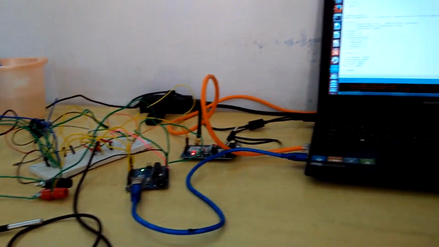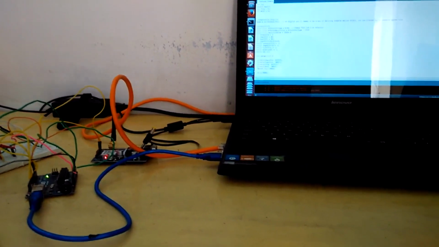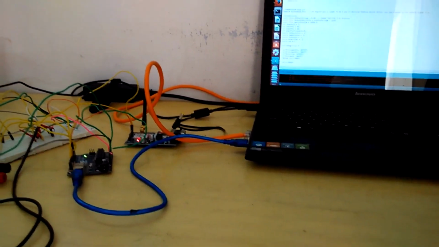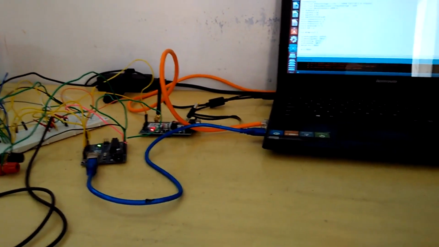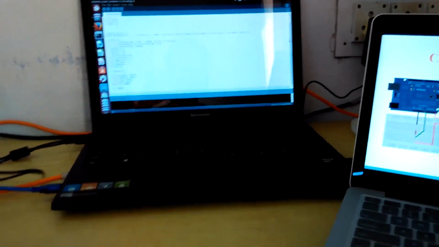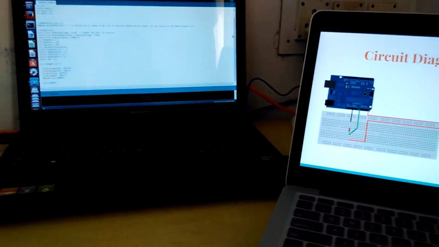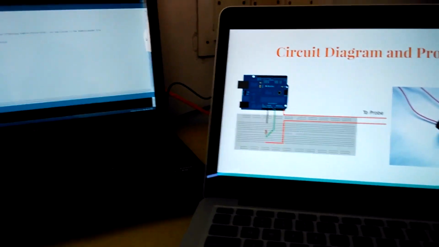In the area around DICT Gandhinagar, the water is a bit hard, and therefore when we show you the readings, we expect that the TDS readings would be on the higher side.